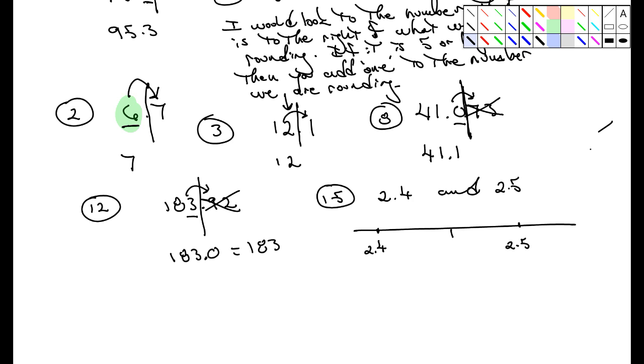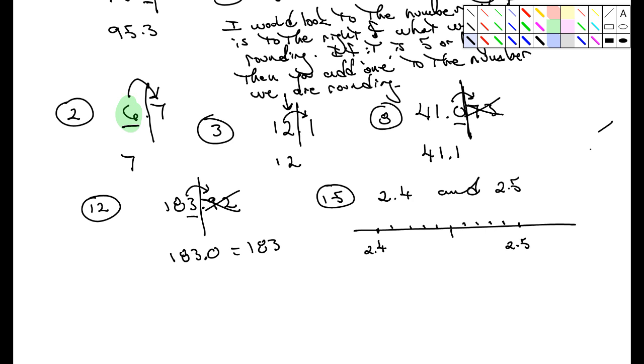So this right here, 1, 2, 3, 4, 5, 6, 7, 8, 9, 10. I'm off a little bit there. Make those a little further apart. 6, 7, 8, 9, 10.